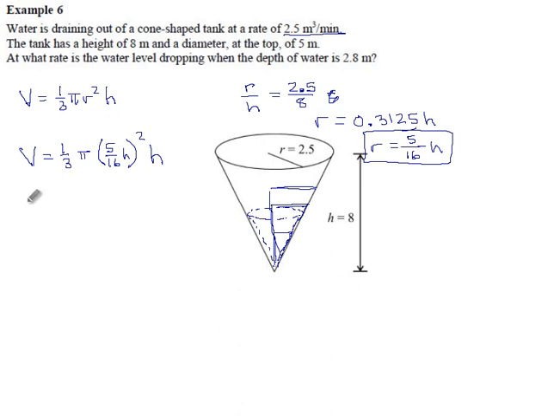If we clean that up, we get that the volume is 5 squared is 25, and we have our pi, and we have h cubed, and in the denominator we have 16 squared is 256 times 3 is 768. Not the greatest fraction I've ever seen, but there it is.